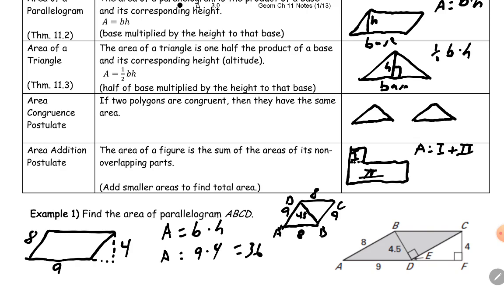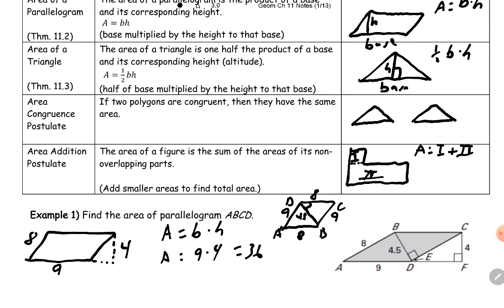PDC, this is a right angle. Would we be able to figure that out? Alright, so my sketch is incorrect. So yeah, that 4.5 would be the height if it sat on the AB or CD side, the 8 unit side. And so it would be 8 times 4.5, which would be 36.